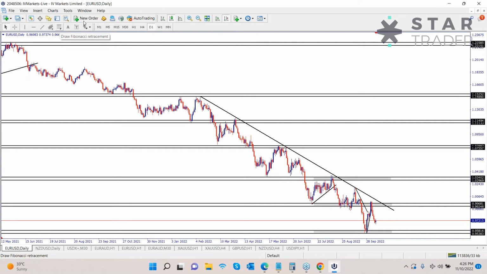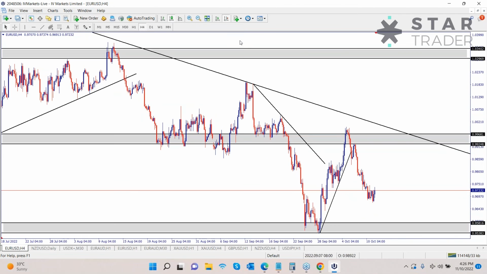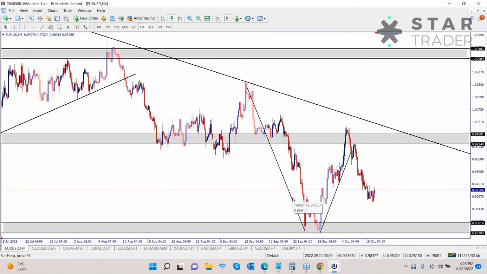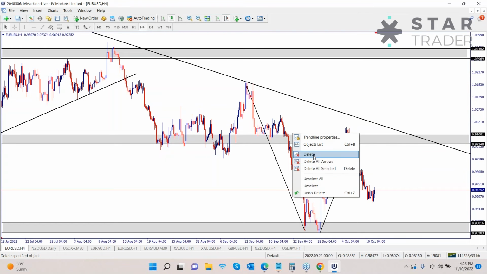Now how does it work? For example, I'm coming to the lower time frame here, just for your clarity. Now, as you can see, this is an aggression of the market, all the impulsive attitude of the market.